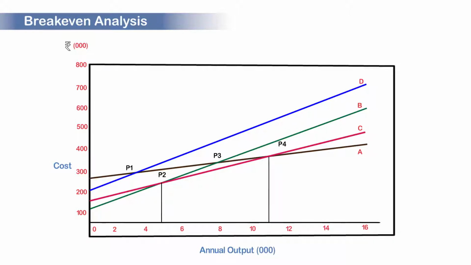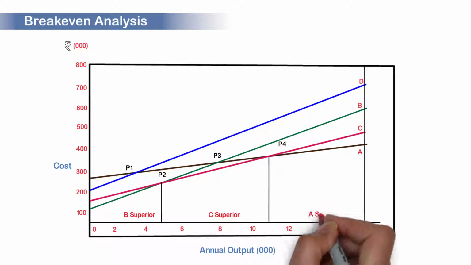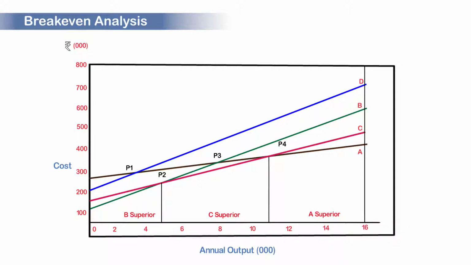And from the breakpoint P4, the lowest cost curve is formed by the cost curve of location A, say 11,000 units to 16,000 units. So this analysis helps us to find which location is suitable for different quantities to be handled or moved across the supply chain as mentioned in the graph.